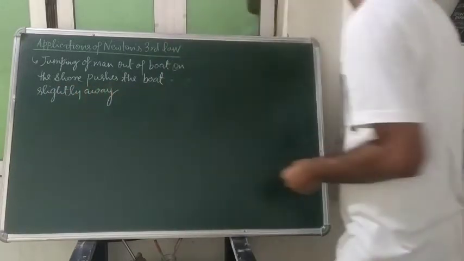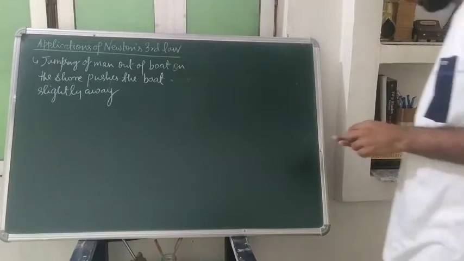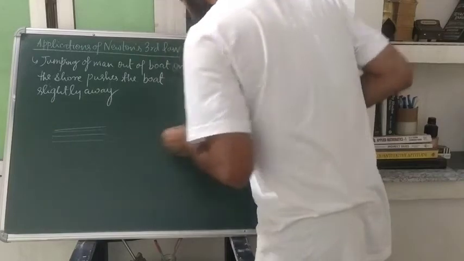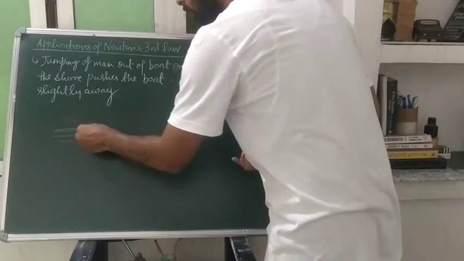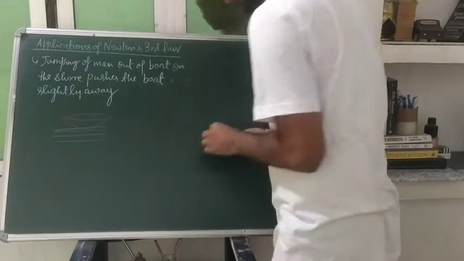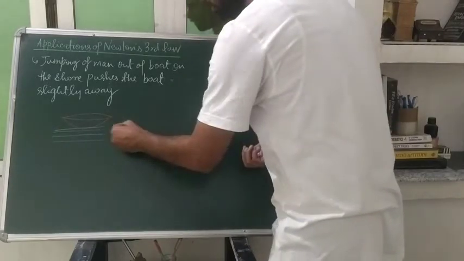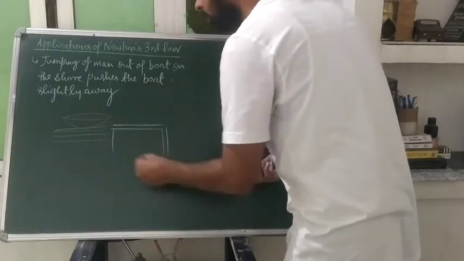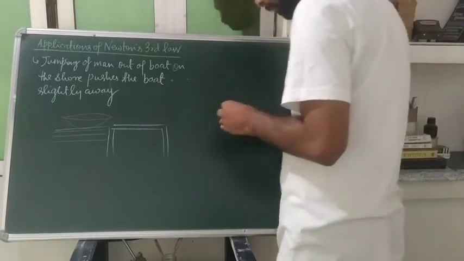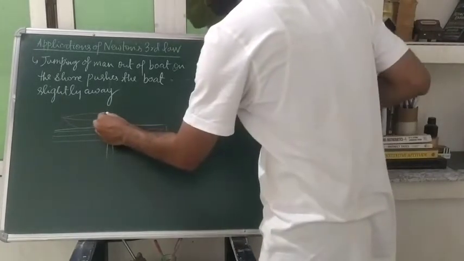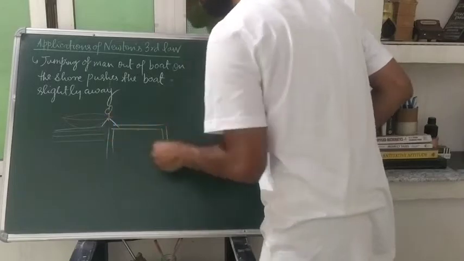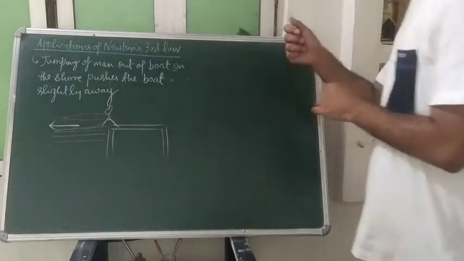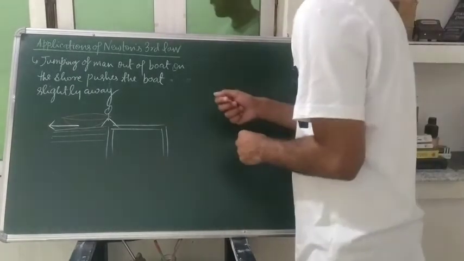You will all be aware of it. It means if we have a boat here and a man is coming onto a platform present here, then if the man is jumping from that boat onto the platform, the boat will move slightly away from it.